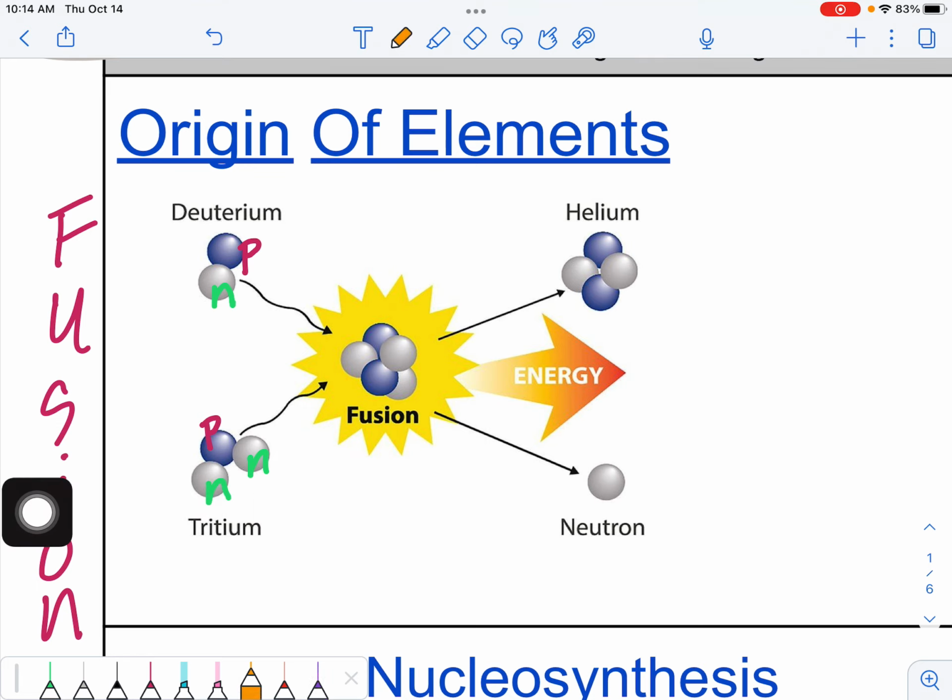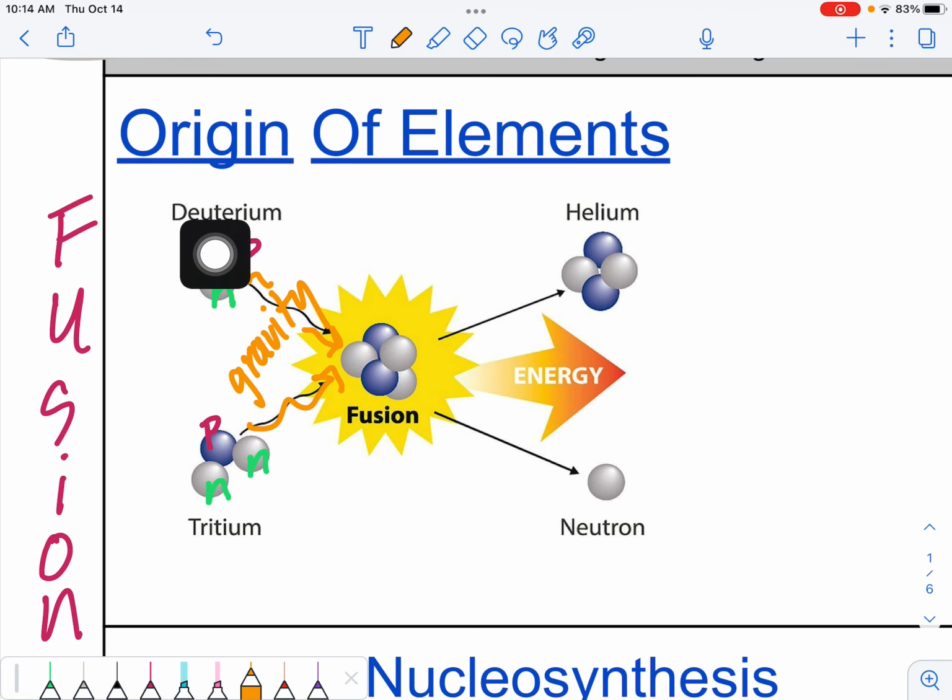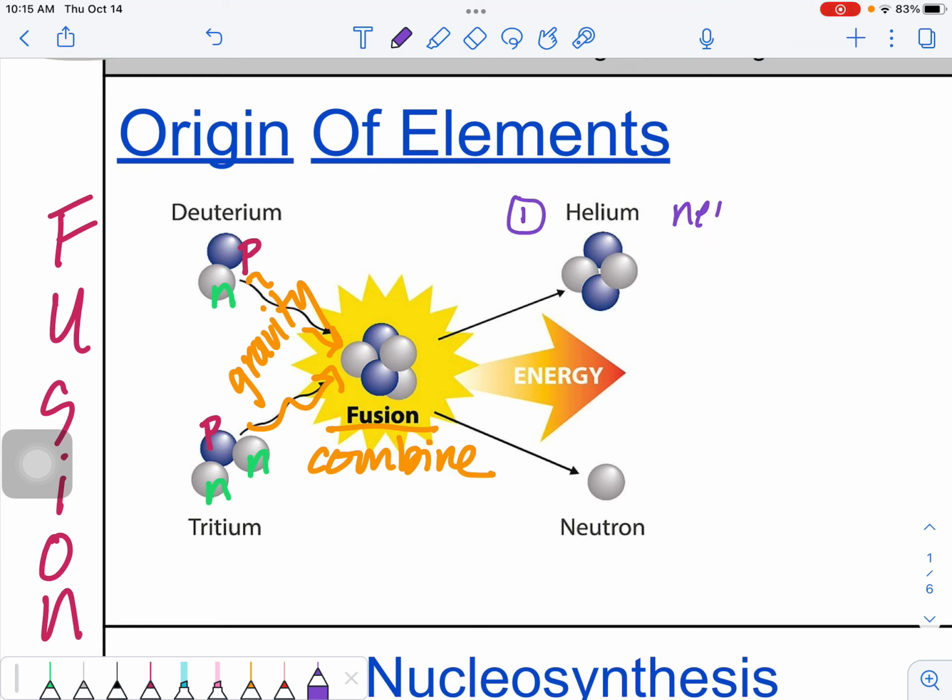So we know these particles exist out there in the universe, and gravity is what's pulling them together. So we're kind of just making a visual of that definition we just recorded. So we have 2 particles combining because of gravity. That is the process of fusion. And they combine to make 2 outputs. One output is a brand new, heavier element.